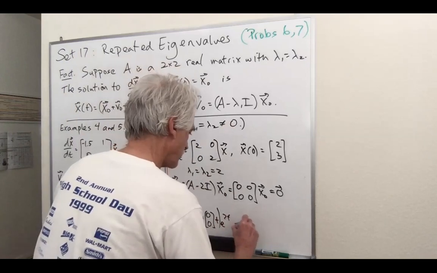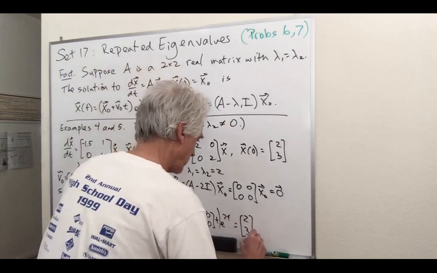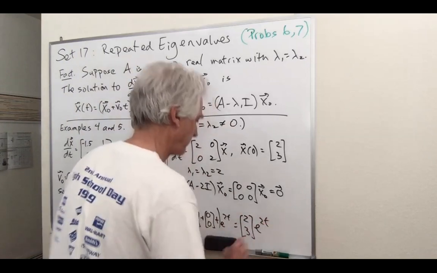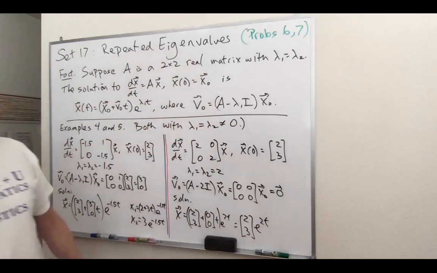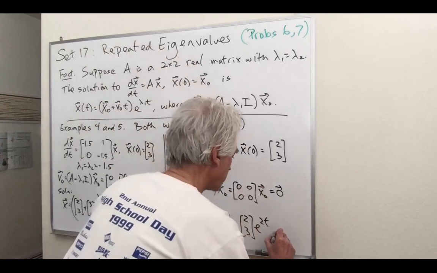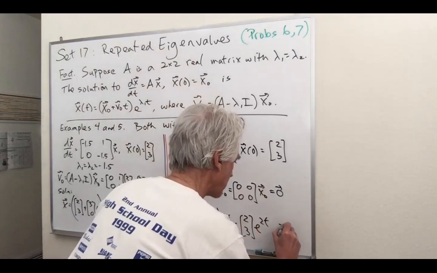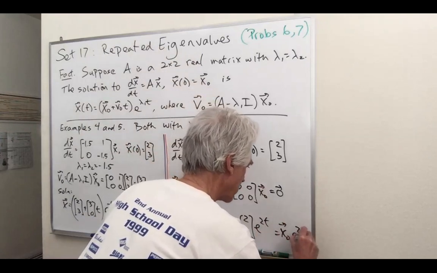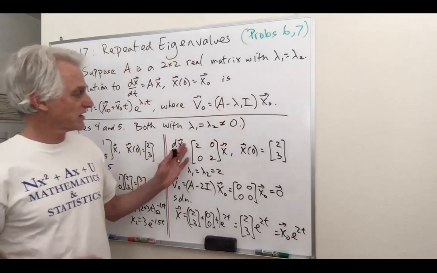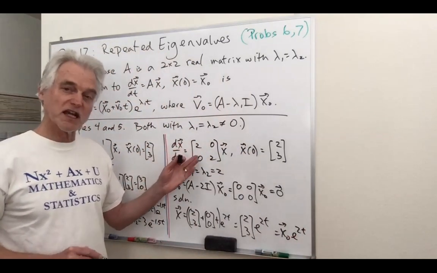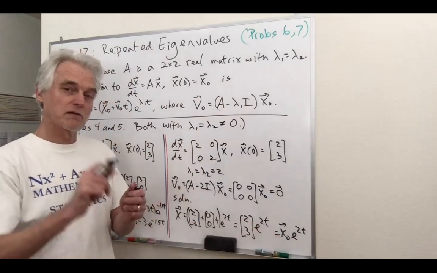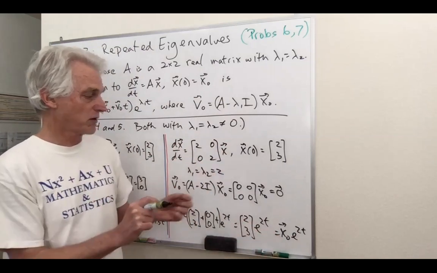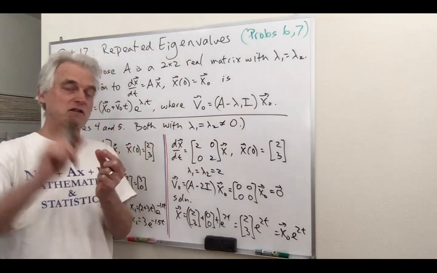That's just 2, 3, e to the 2t. And in fact, for any x naught, this one is just going to be x naught, e to the 2t. So the matrix is like this, in this case, 2 times the identity matrix. The initial x of 0 just gets multiplied by e to the 2t.